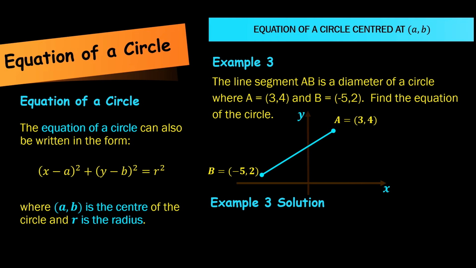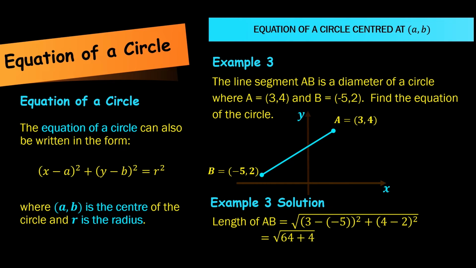So let's solve this. Now the length of AB is equal to the square root of (3 minus 5) all squared plus (4 minus 2) all squared. Here, of course, we've applied Pythagoras.